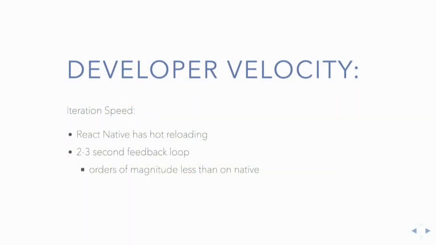Okay, in terms of developer velocity, I've already briefly touched on this, but I can't emphasize enough what it means to go from 3-minute compile times to 2-second hot loading. Here, when you're developing code with React Native, you can make a design decision and implement it in your code and immediately see that in your phone or in your emulator.